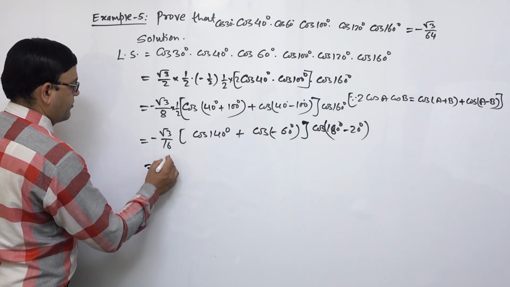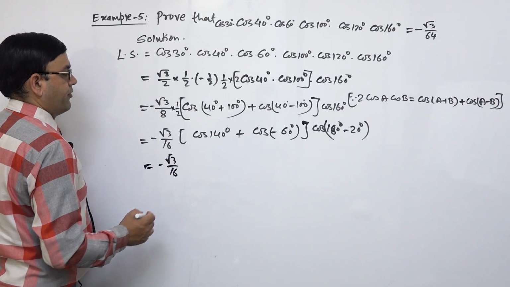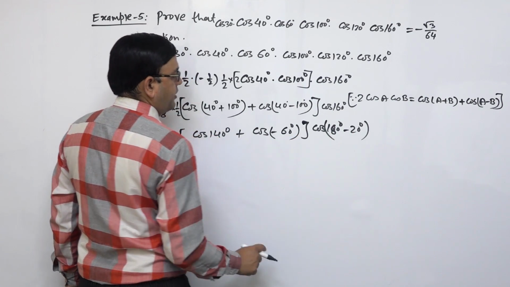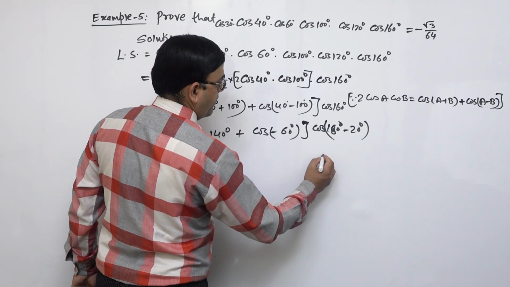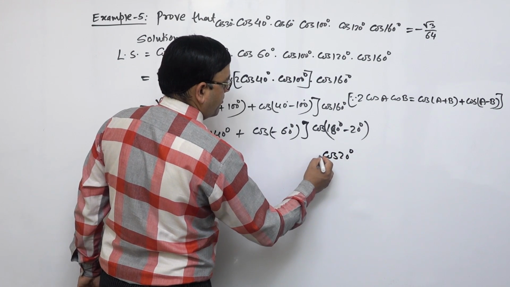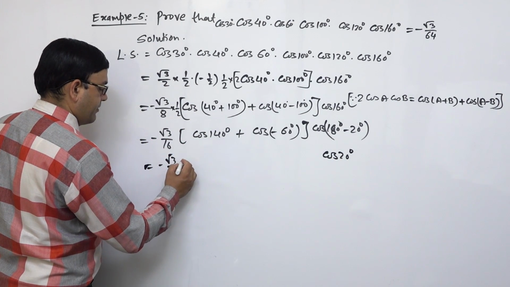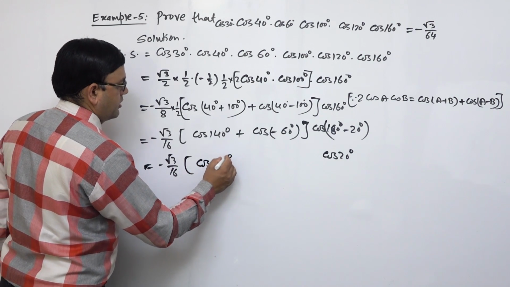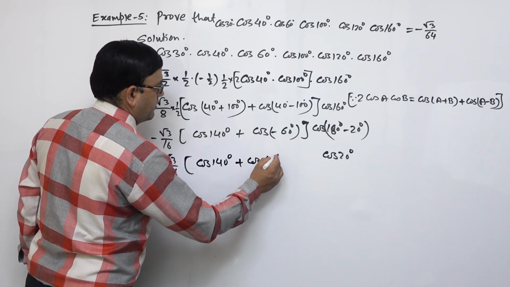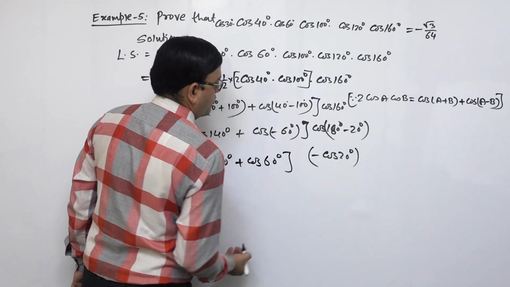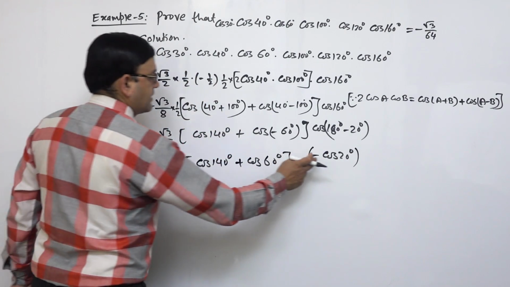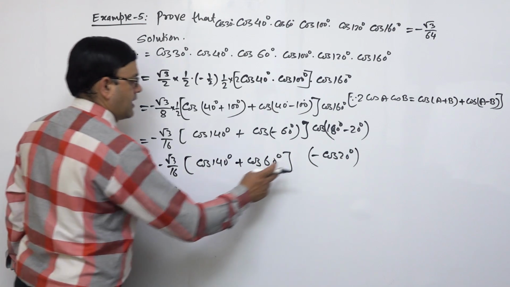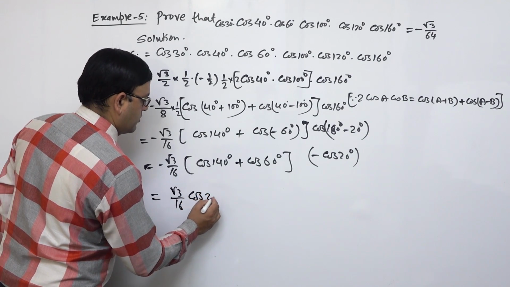So this is equal to minus root 3 by 16 times cos 140 degrees plus cos 60 degrees, times minus cos 20 degrees. This minus and this minus will make plus. This is root 3 by 16 times cos 20 degrees.